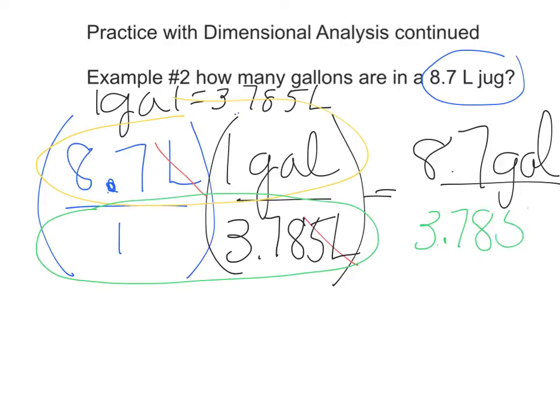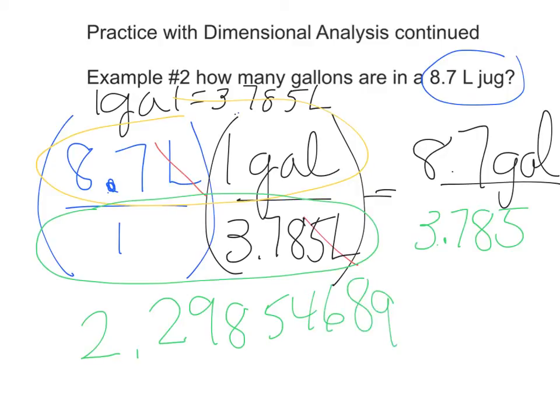We have no units on the bottom. And now we do the division. 8.7 divided by 3.785, of course, gives us 2.298546896, and those are gallons.